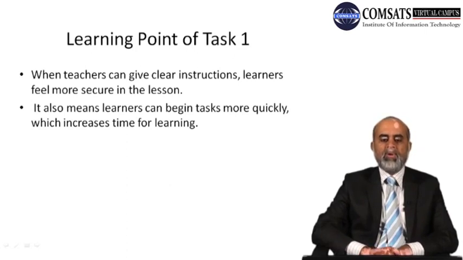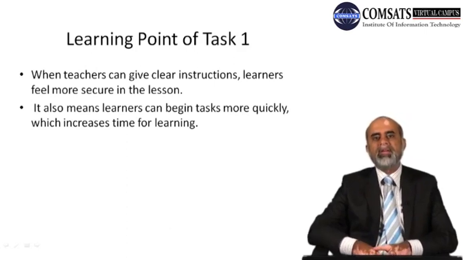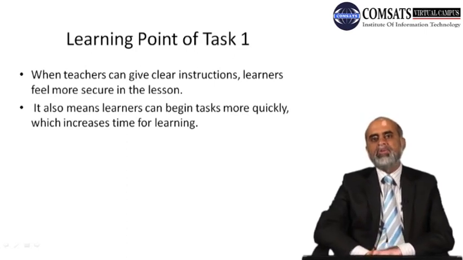Okay, in task 1 we also learned that giving clear instructions also means learners can begin tasks more quickly, which increases time for learning. So maybe in the beginning you spend a lot of time planning these instructions, but once you have given clear instructions, actually it would save time.